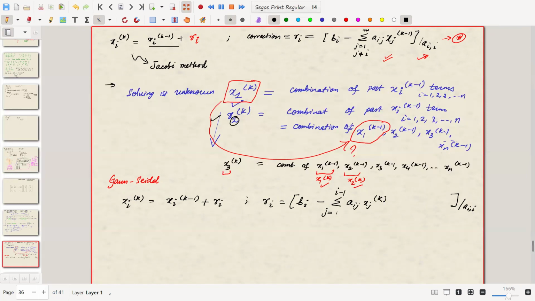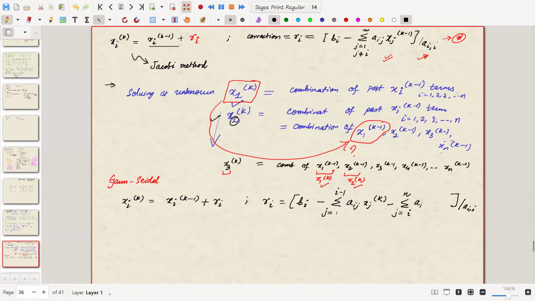Minus, still minus is going on. Minus summation, till i minus 1 you have already kept in your box. You have to go the rest of the way, so the summation would go from j equal to i to n.